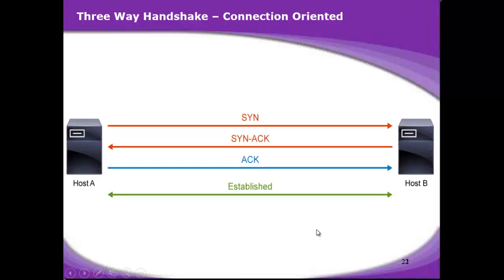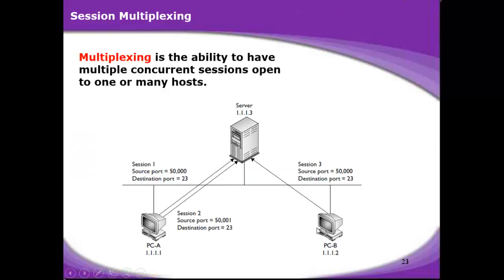So this is the three-way handshake which we already discussed. One of the functions of the transport layer was session multiplexing. Session multiplexing is the ability to have multiple concurrent sessions open to one or many hosts. Let's say this is your server and you want to make a telnet session with the server.